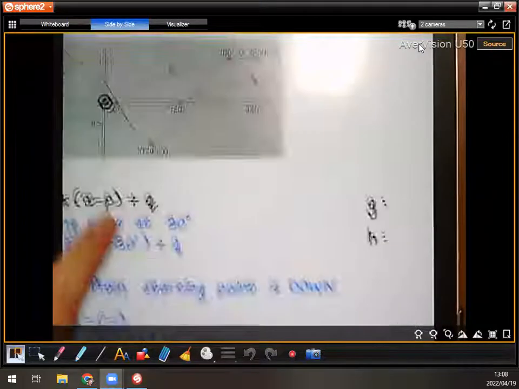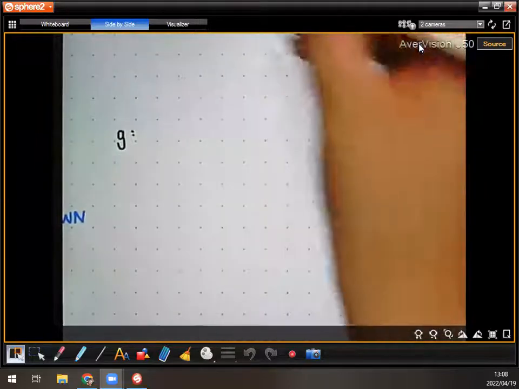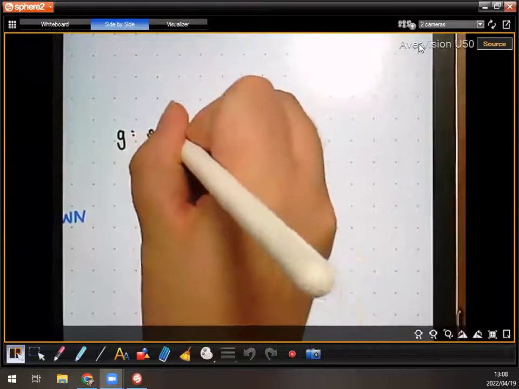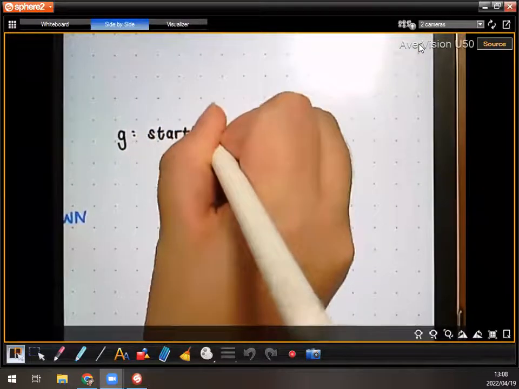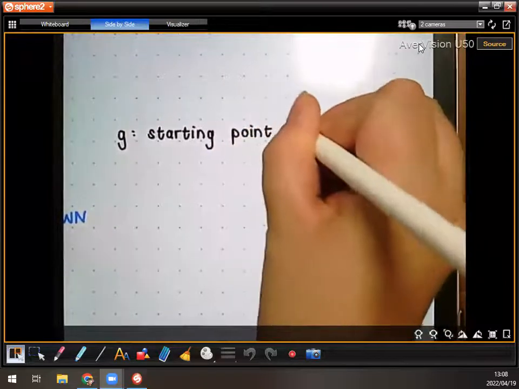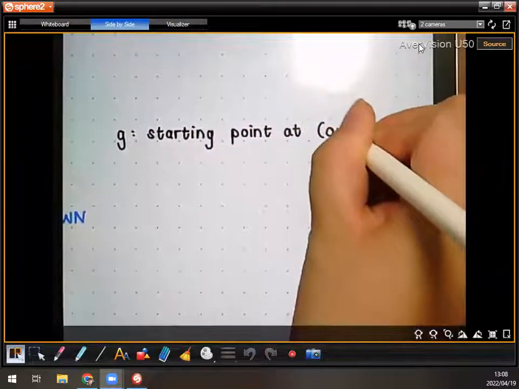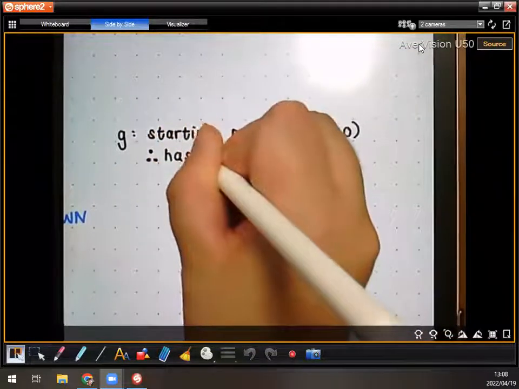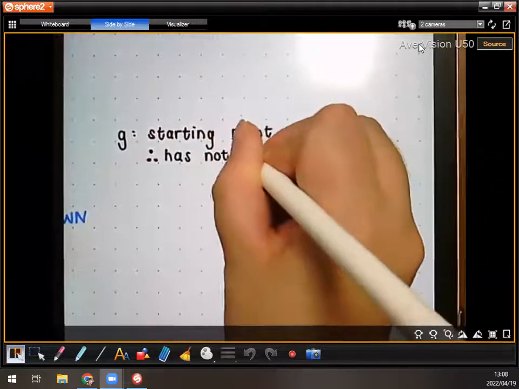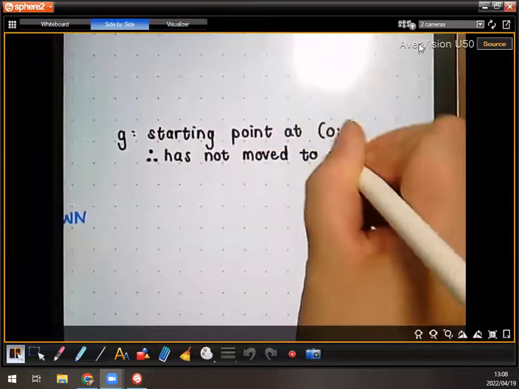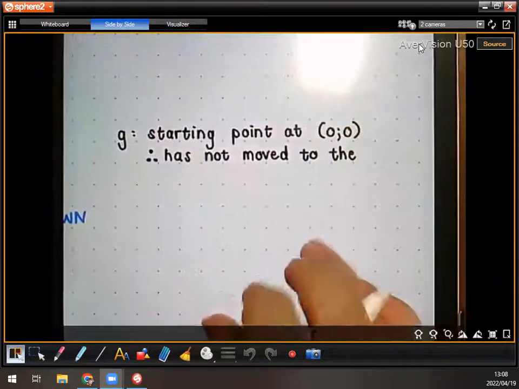Okay, so I'm going to write that down for G. The starting point at 0, 0, therefore has not moved to the left or right.